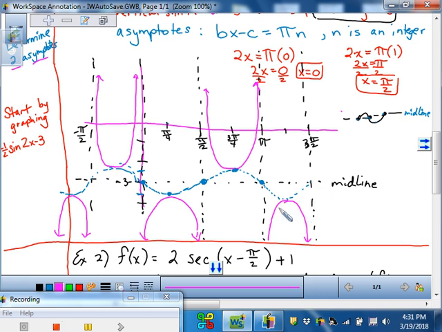Now, a couple of points to make. I want you to notice that your asymptotes, I'm just going to abbreviate that, asymptotes are located where the sine wave hits the midline.